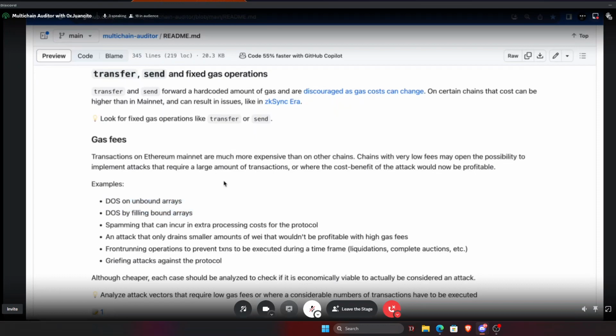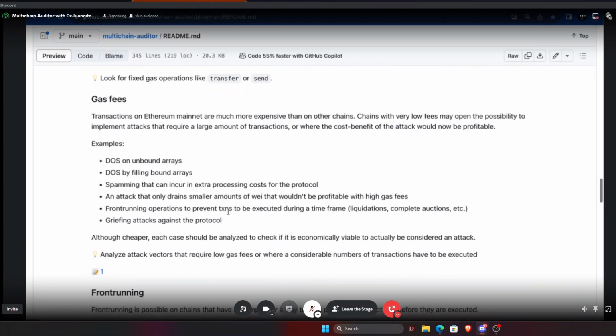That means that you can push elements into some array, kind of indefinitely, and at some point the array size won't fit into memory, and that will make the function always revert. So that is unfeasible on Ethereum, but on some very cheap chain, you might be able to call a function over and over and over again, and you might be able to perform such an attack.